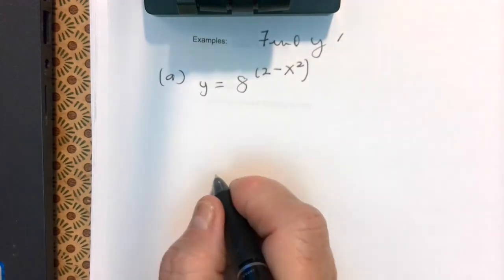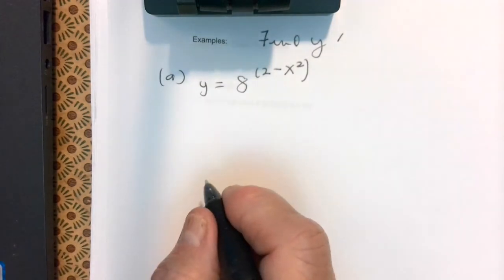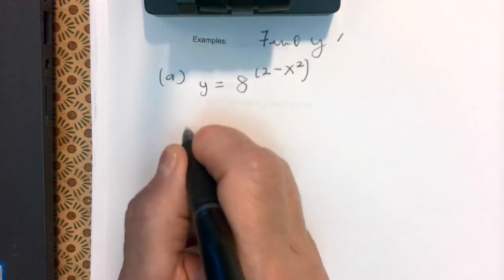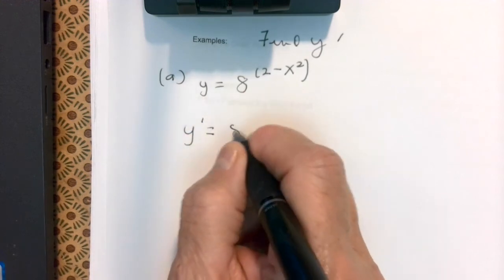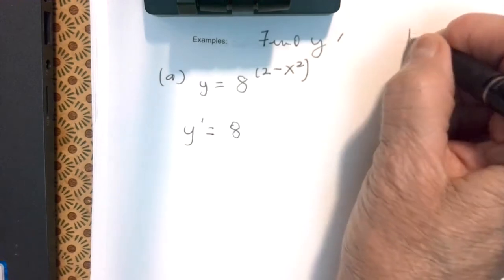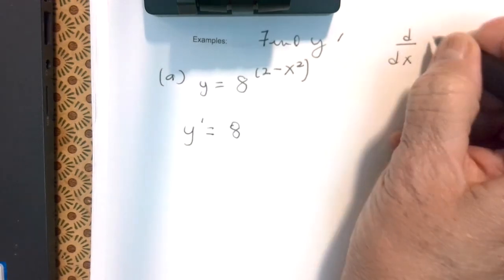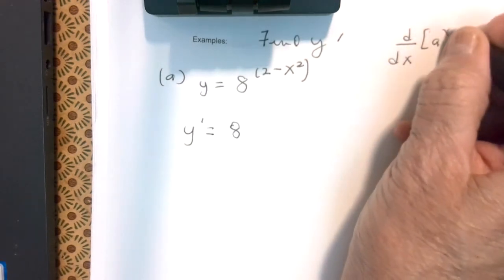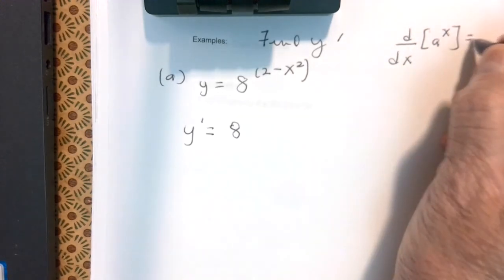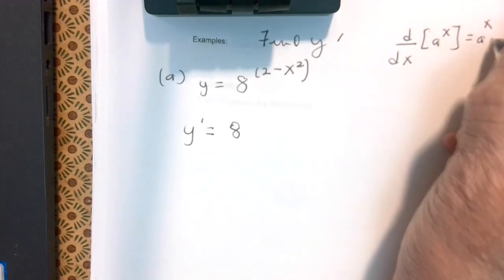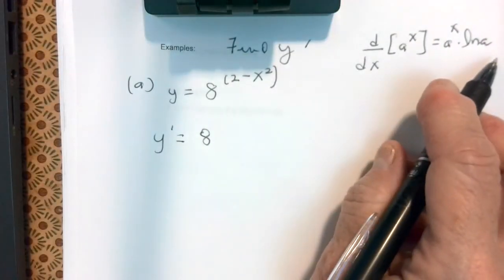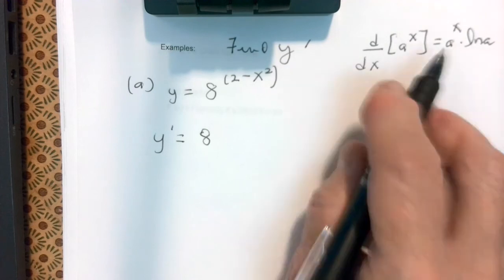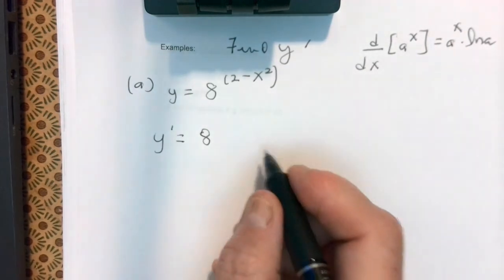So we use the chain rule, and y prime equals, well, the derivative of a to the x equals a to the x times the natural log of a. So if the base isn't e, you still have to multiply times the natural log of a. I mean, you can do it with e, but the natural log of e is just 1.